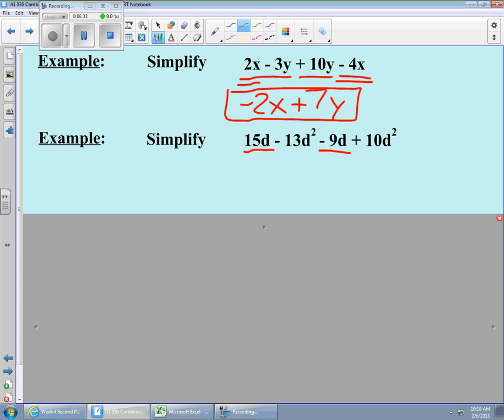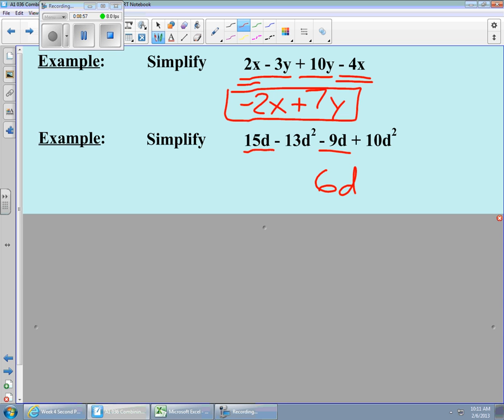How many are there? 15 minus 9, there's 6. So there are 6 d to the first in our answer. It'll be positive, because again, the signs were different, so we're subtracting 15 and 9, keeping the bigger sign. 15 was bigger, so we get a positive answer.